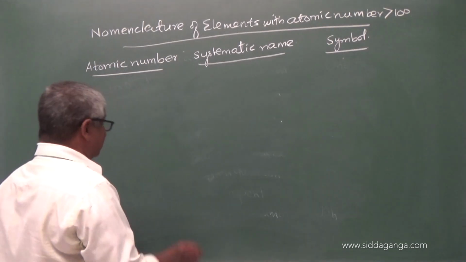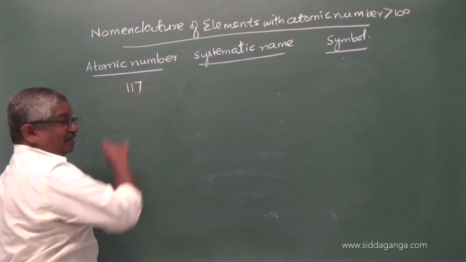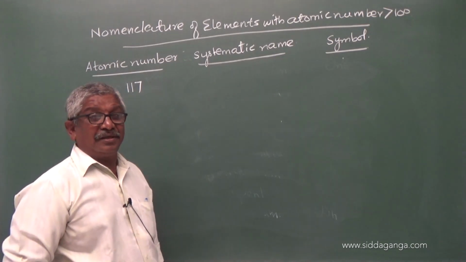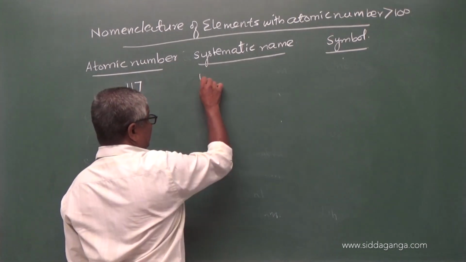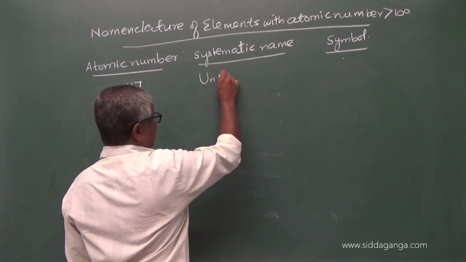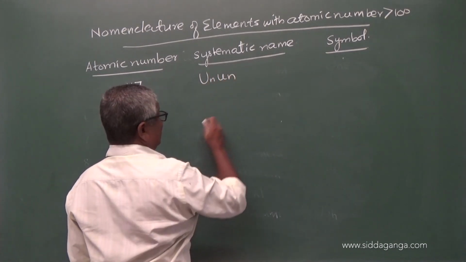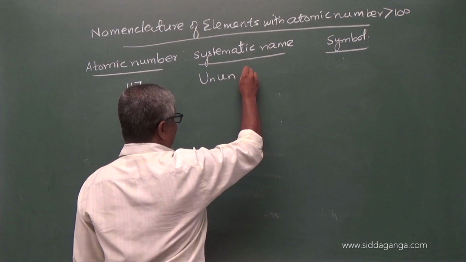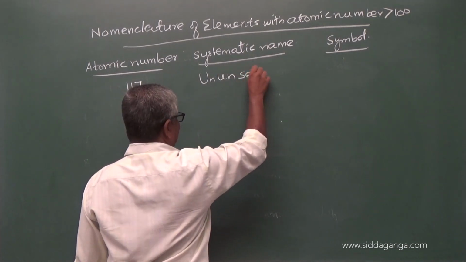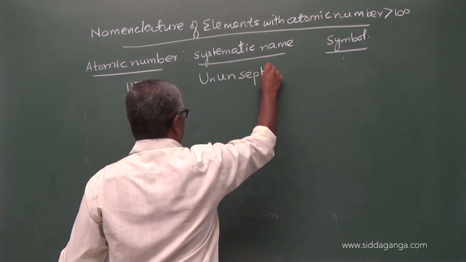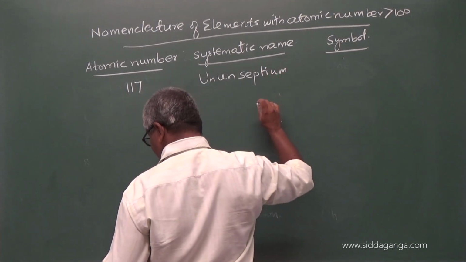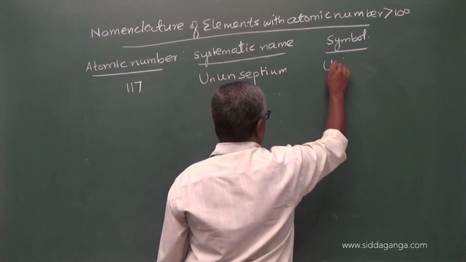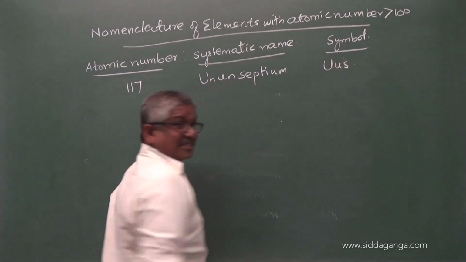Now the next it is 117. 117, 1 it is un, another un, and 7 it is sept, ium, 117, it is Uus.